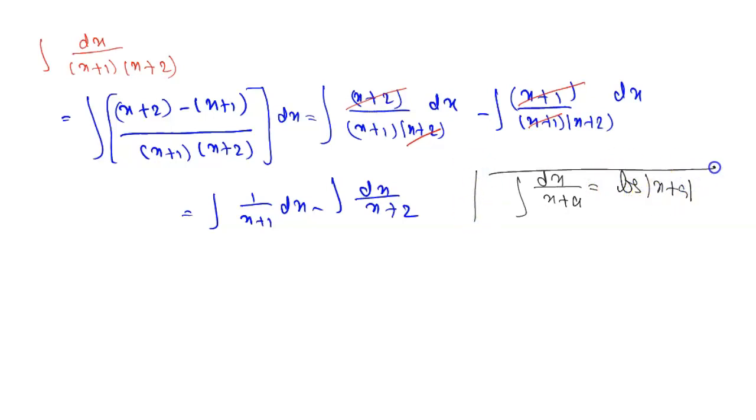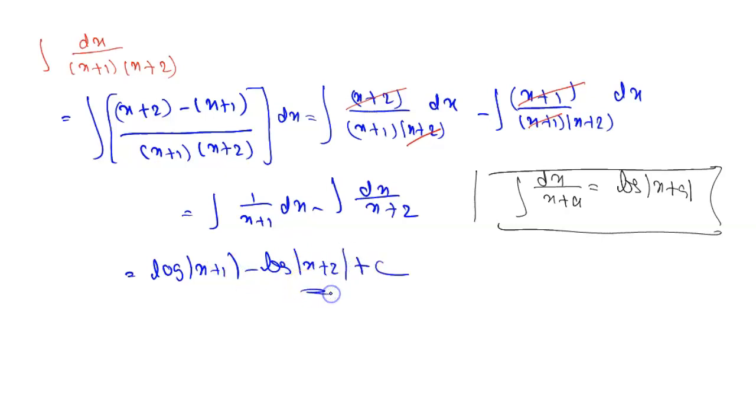This is the formula. So the value goes to log mod (x plus 1) minus log mod (x plus 2), final answer, plus c, the constant, right?